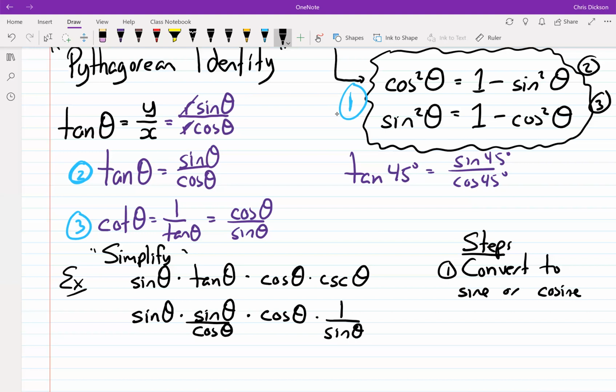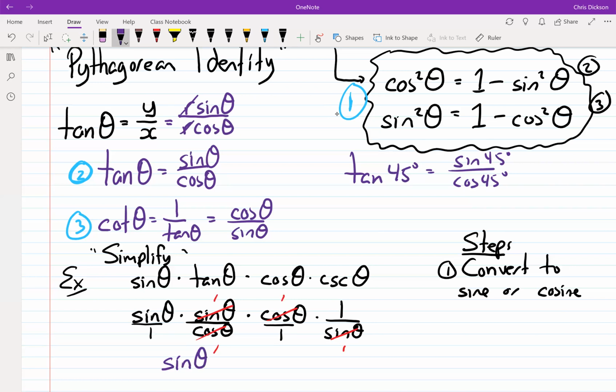And I guess you could argue these are over 1s. So when I multiply these 4 fractions out, you'll notice some things are going to disappear on us. So the coses are going to cancel. So you're going to lose your coses. And you're going to lose one of the sines upstairs here. So those are going to become 1, 1, 1, 1. So this really long, confusing looking statement will simplify down to just a single sine statement here.